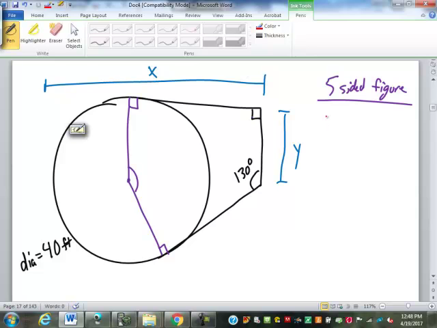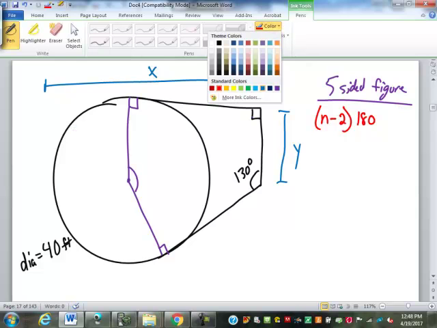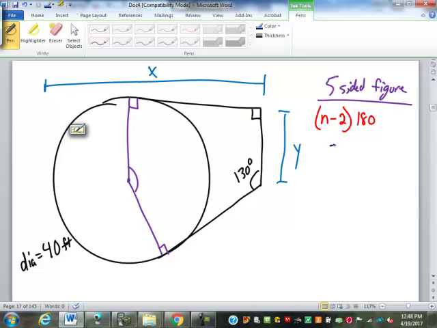They add up to 180. It's n minus 2 times 180. So this has 5 sides, so n would be 5. So it's 5 minus 2 times 180, which would be 540 degrees. 5 minus 2 is 3 times 180.